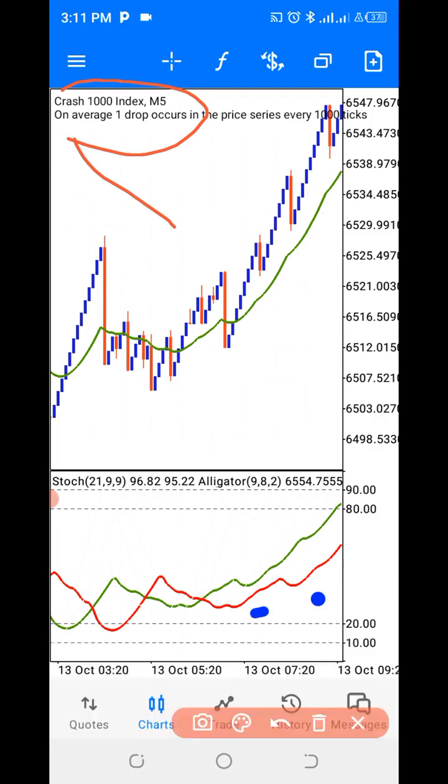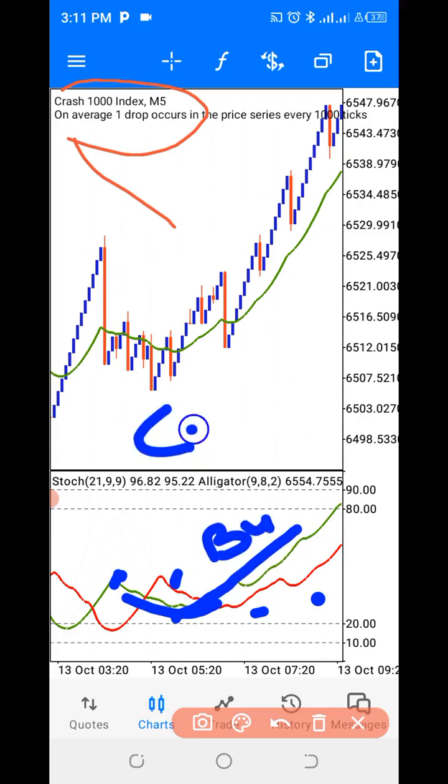Okay. So obviously you need to wait for this green moving average and this red moving average. The green moving average has to cross the red upward like this, signifying that we are in a buy. Remember that on Crash 1000 we'll be buying, not selling.